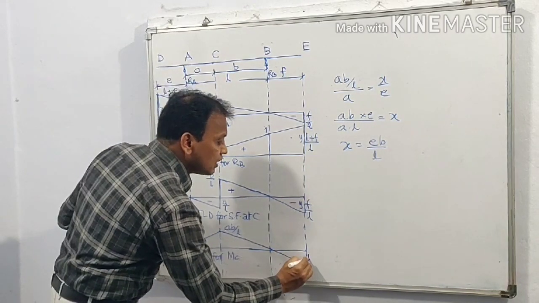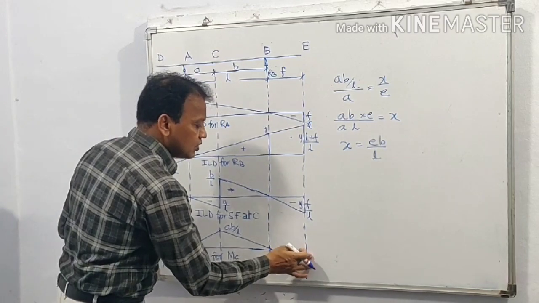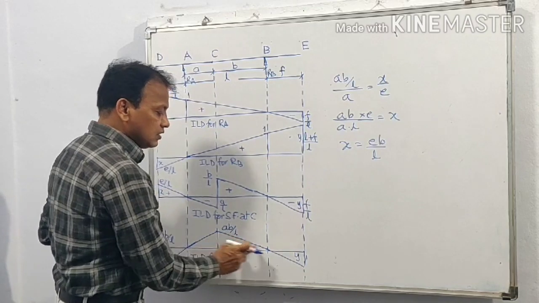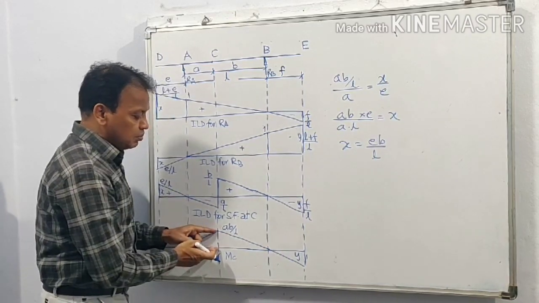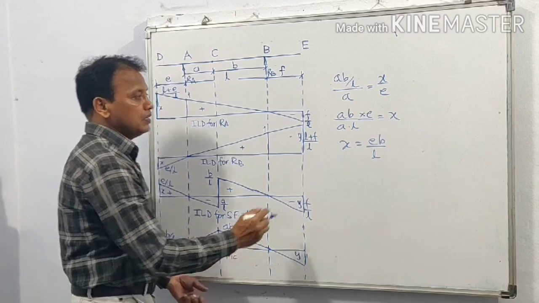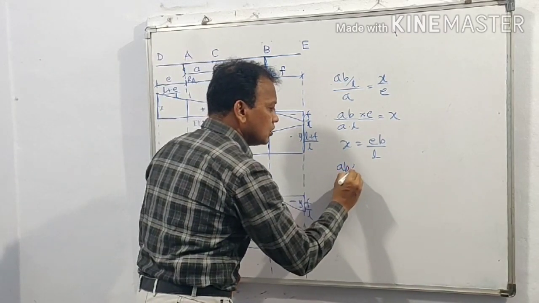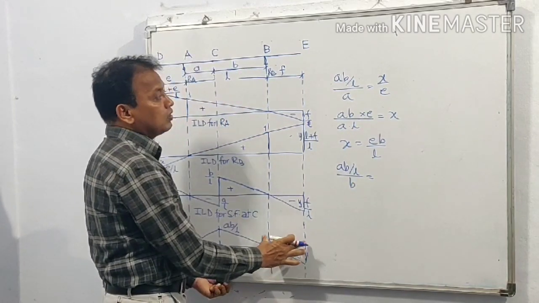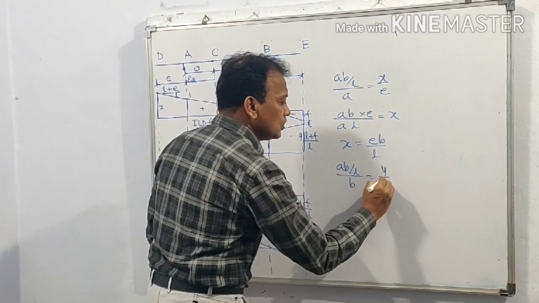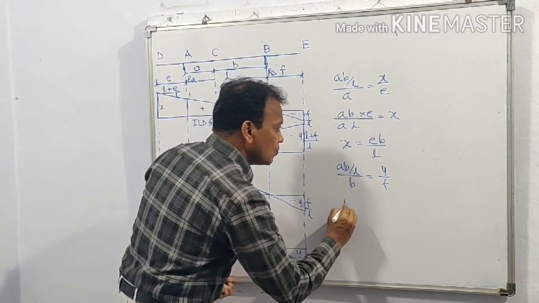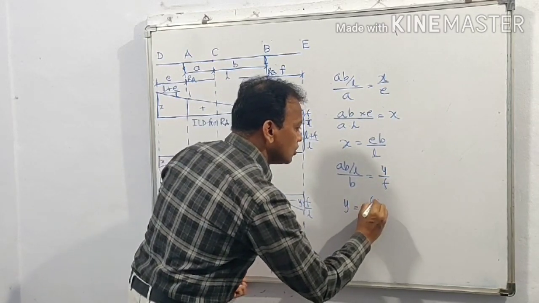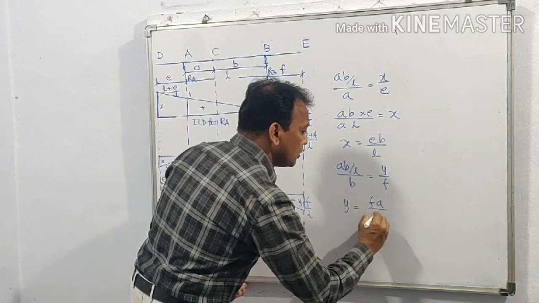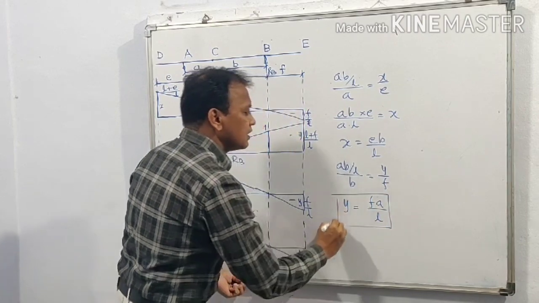Now for this ordinate, let this ordinate be Y, and for this ordinate we are going to consider these two similar triangles. This is AB upon L upon B. So AB upon L upon B is equal to Y upon F. So here we are getting Y is equal to FA upon L, as B will get cancelled.